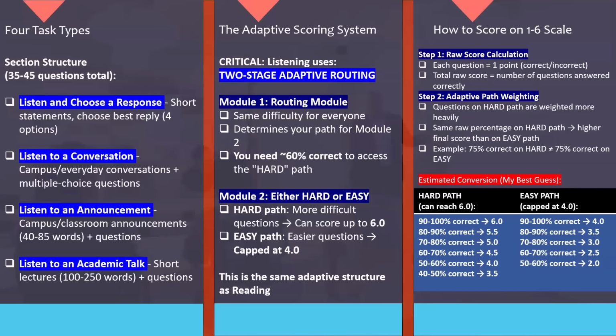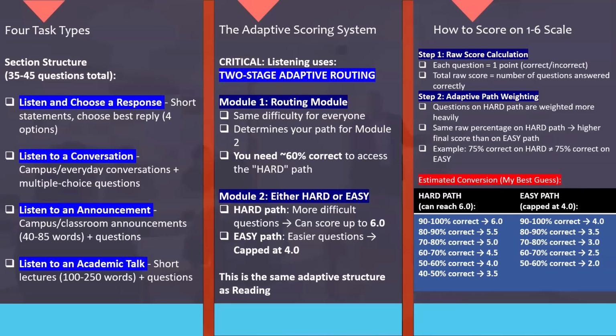Now, number three, students also ask me, well, how does scoring work? It's very difficult to answer that question because ETS uses an algorithm and a scoring system, and they don't publish it. All right. They don't publish the scoring system. And all we know is you get 1 point for each correct answer.